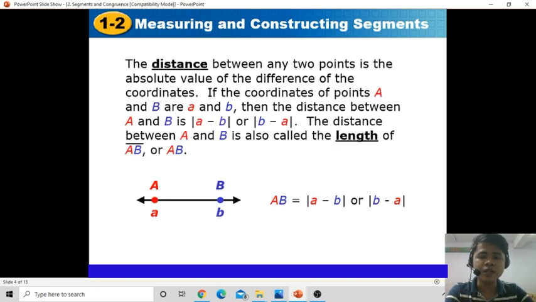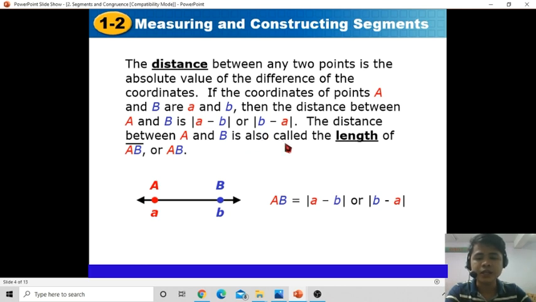The distance between any 2 points is the absolute value of the difference of the coordinates. If the coordinates or the values of the points A and B are the small letter a and the small letter b, then the distance between A and B is the absolute value of the difference of a and b, or the absolute value of the difference of b and a.